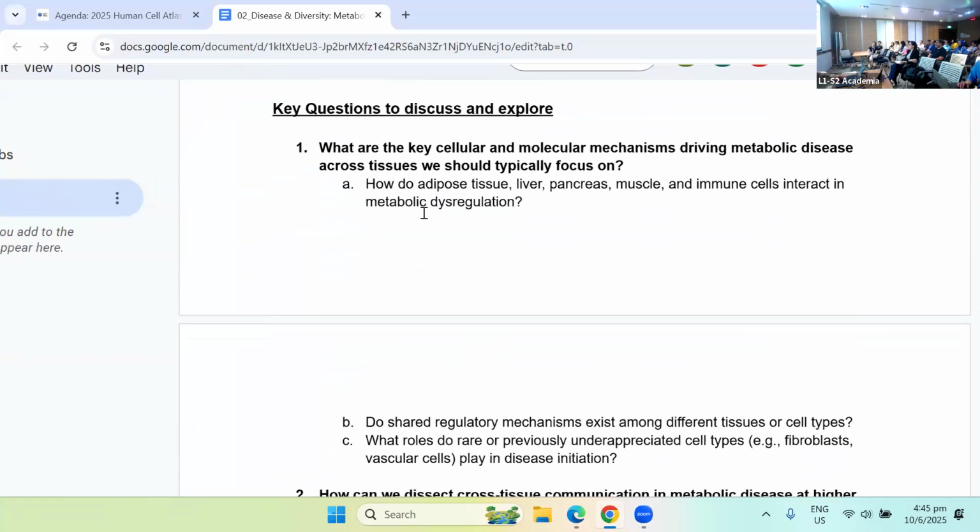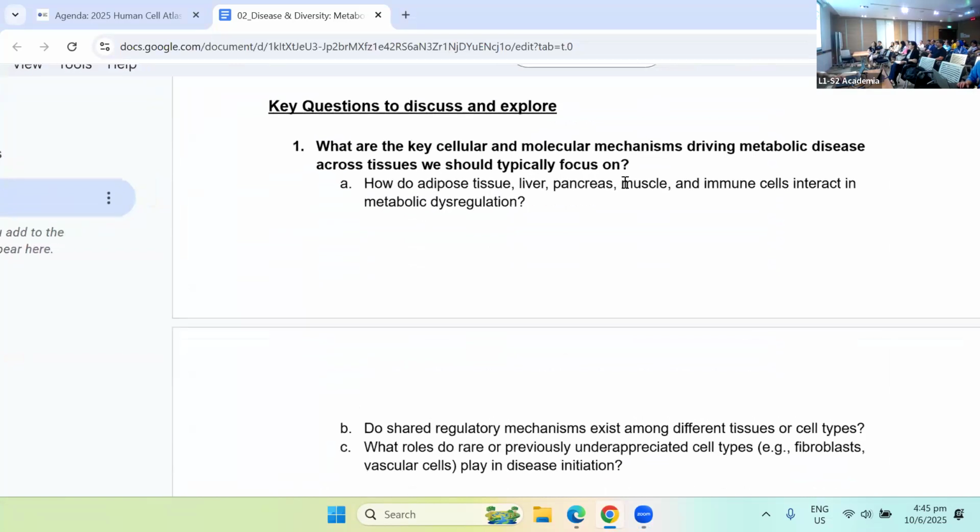Just in case you cannot see them, we'll blow it up. And also, I should say that there are funders in the room, so our discussion could also potentially help drive future directions for future people.